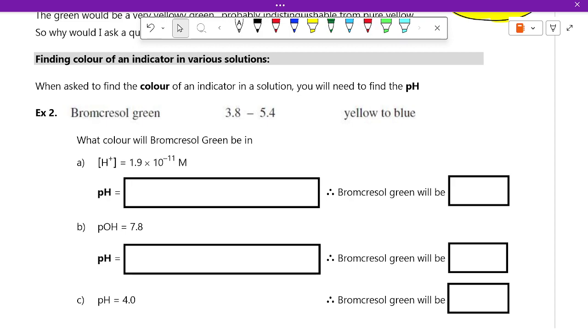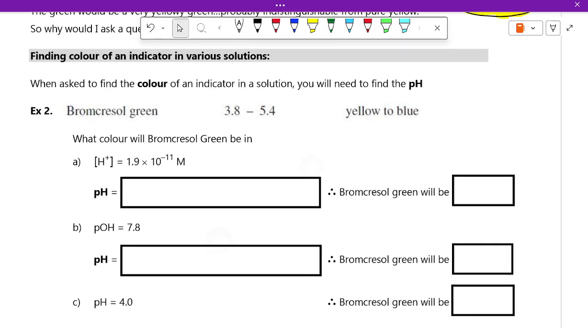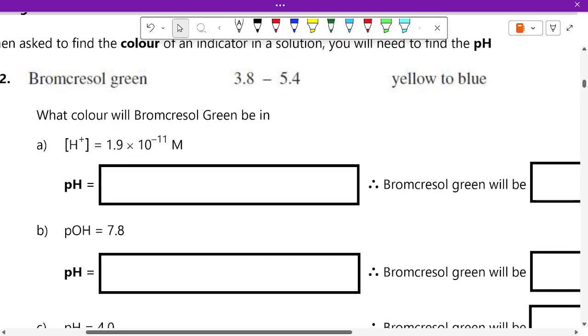Okay? Now, what if we have concentration of hydrogen equal to 1.9 times 10 to the negative 11? What is our pH? How do we calculate that? Negative log, whoops, that's a highlighter.